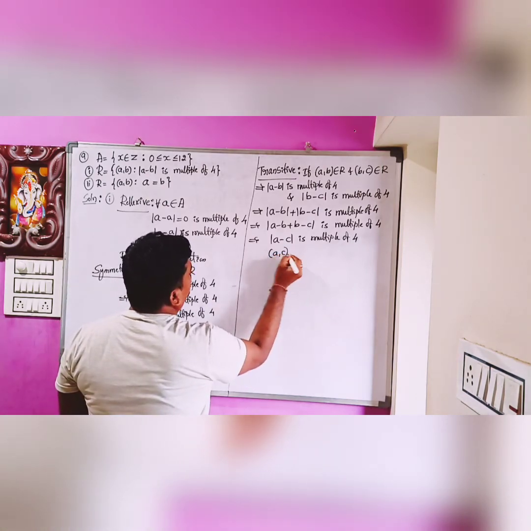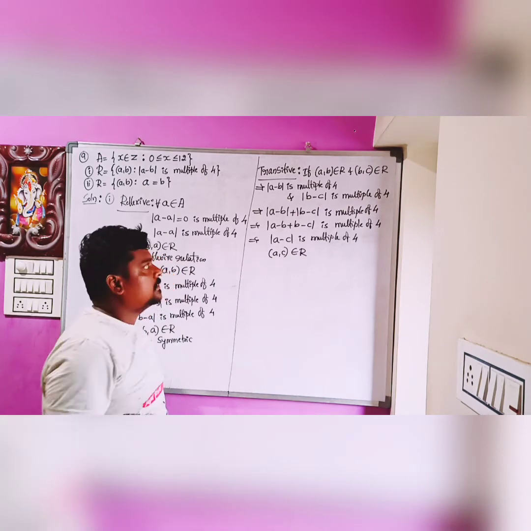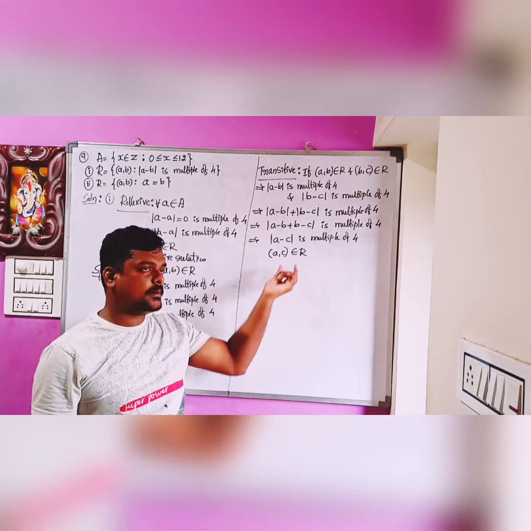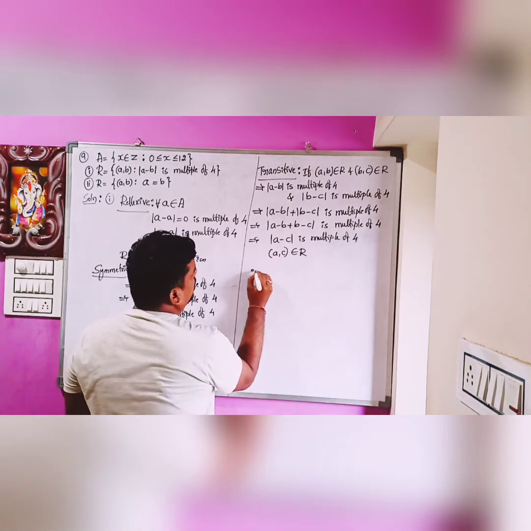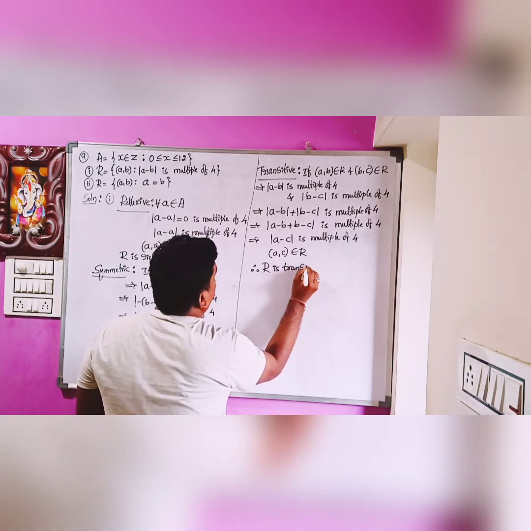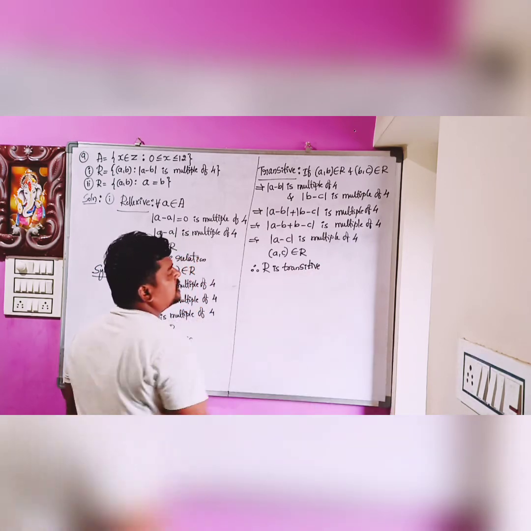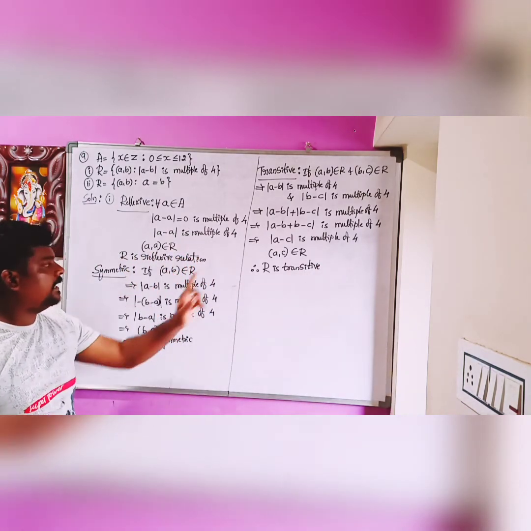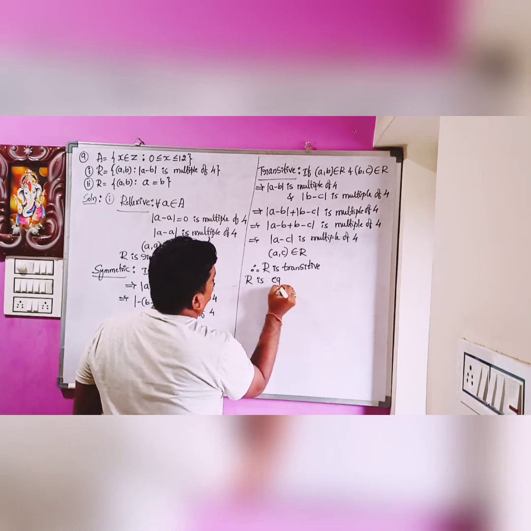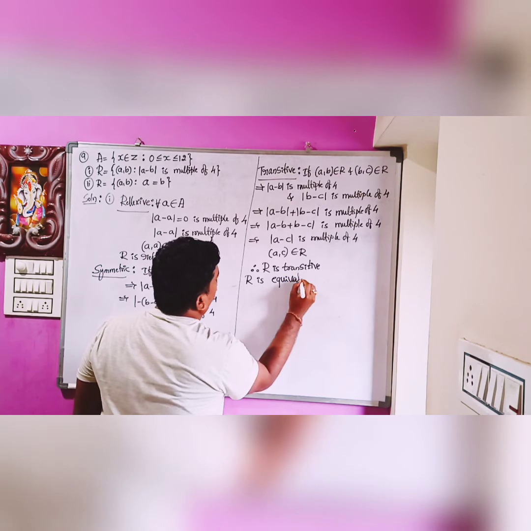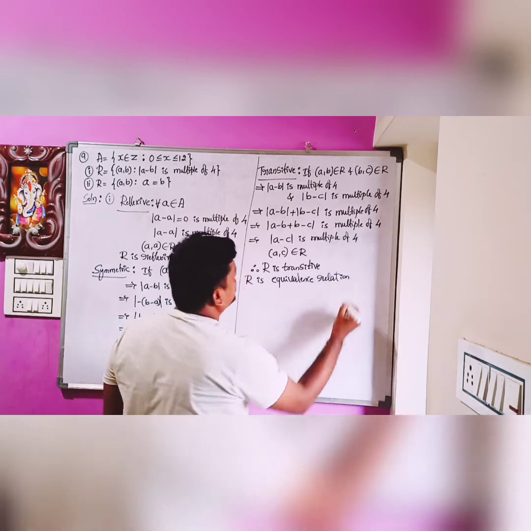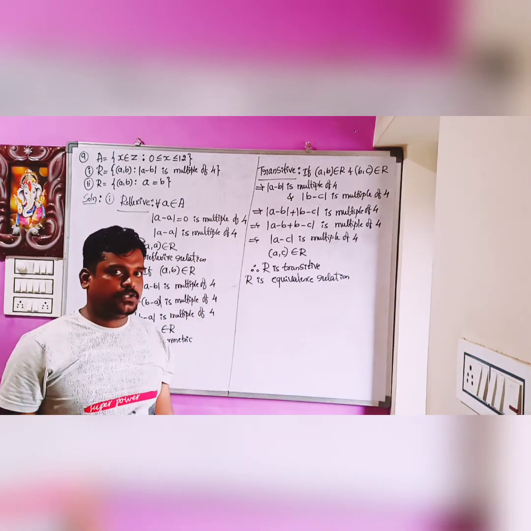If mod(a minus c) is a multiple of 4, then (a, c) belongs to R. Since we considered (a, b) and (b, c) belonging to R and proved (a, c) belongs to R, therefore R is transitive. Since R is reflexive, symmetric and transitive, R is an equivalence relation.